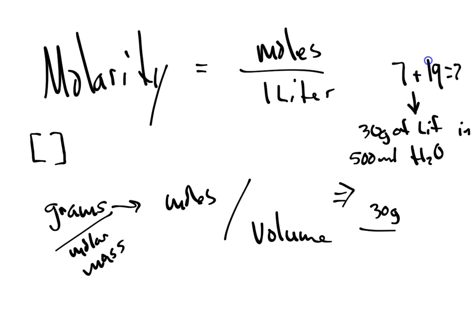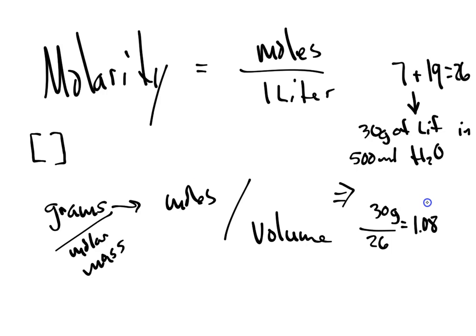I got those numbers from the periodic table. So I take 30 and I divide it by 26. And I don't know that answer. Let's just say it's like 1.08. You okay with that? 30 grams of LiF in 500 milliliters of water.